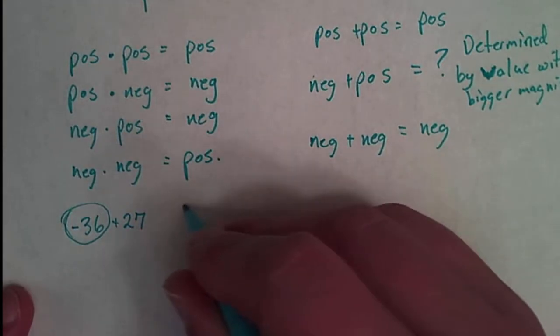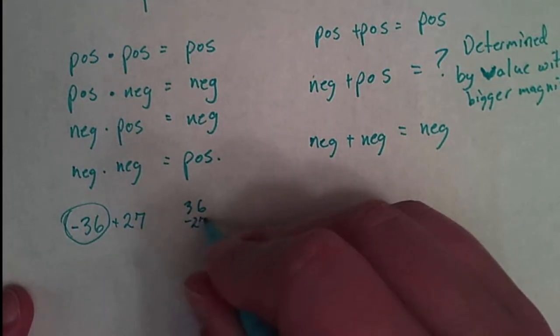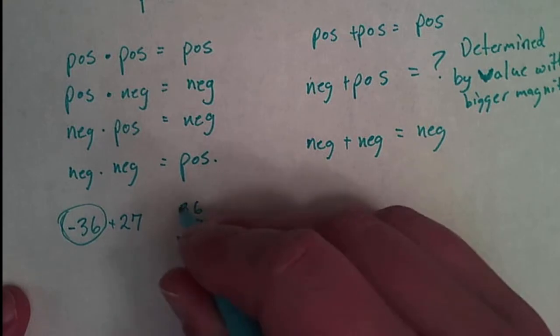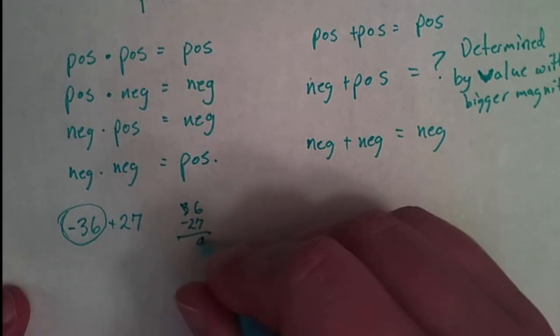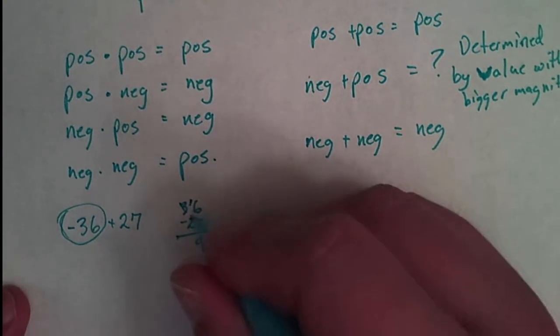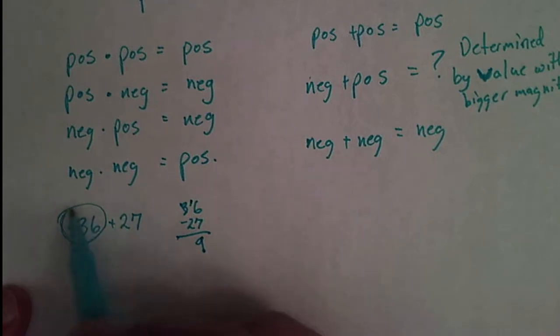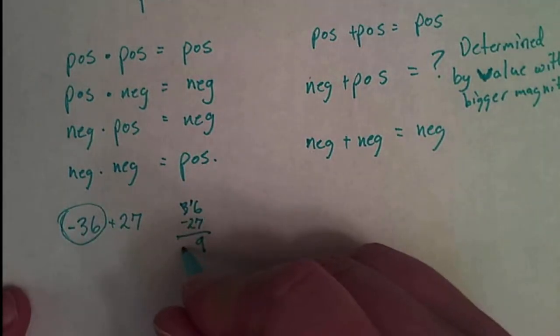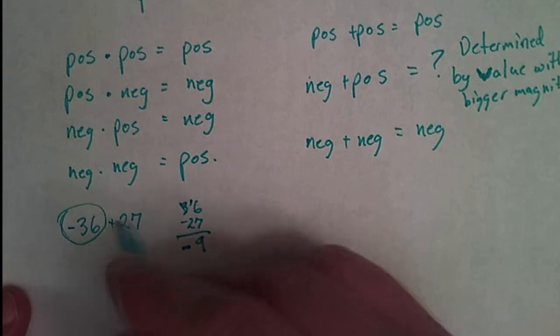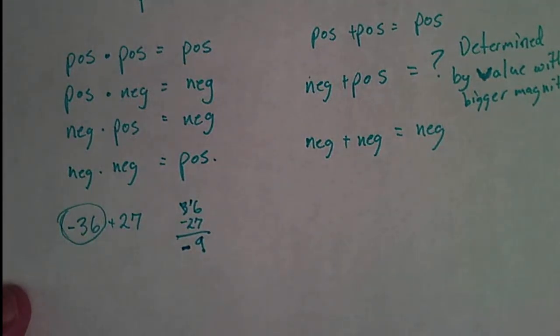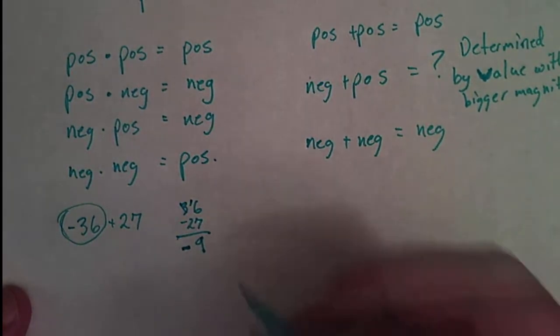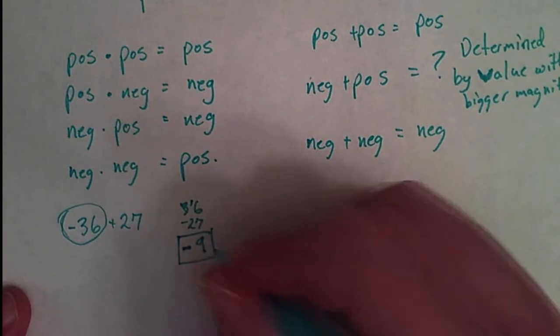So you can really take 36 minus 27 and do the borrowing and all of that and end up with 9, right? And then you're like, well, that's 9, but because the negative has the bigger magnitude, we know the outcome of negative 36 plus 27 is going to be that negative 9.